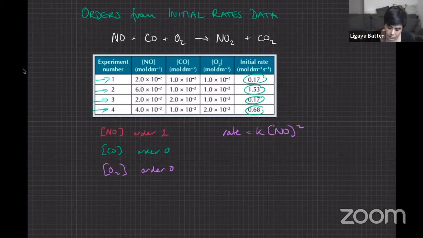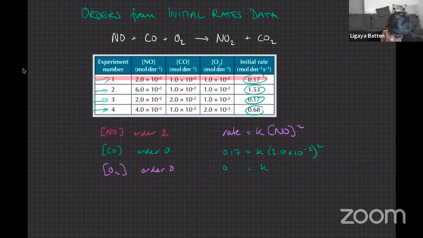So we're just going to use experiment 1 as an example. The rate is 0.17, and that equals K times the concentration of NO, which is 2.0 times 10 to the minus 2, squared. Okay, and we want to find K, so we're going to rearrange this.